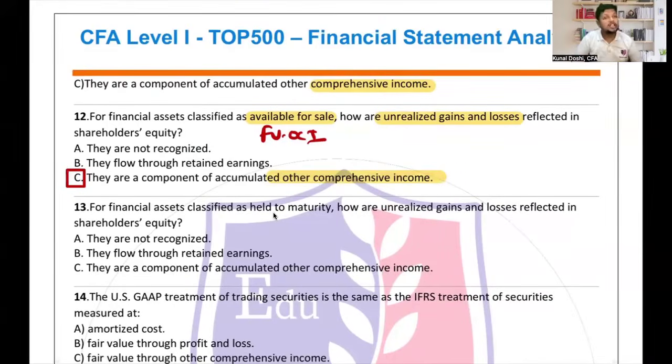Now, a suggestion here: students need to remember the names. Held to maturity, which is next, is also called amortized cost. Available for sale is also called FVOCI, and held for trading is called FVPL. The name itself gives you the answer.